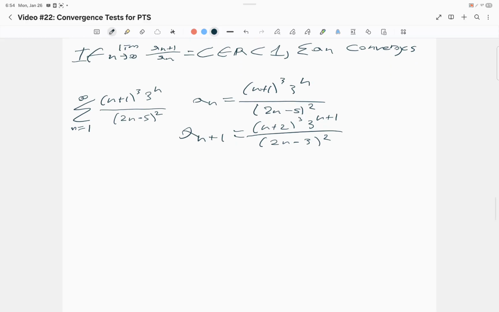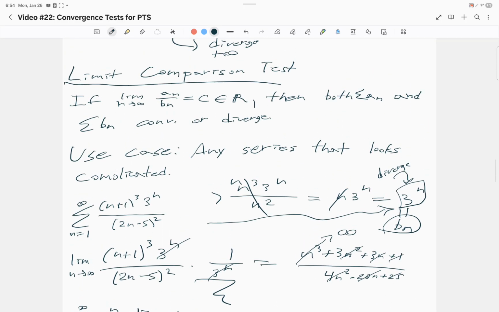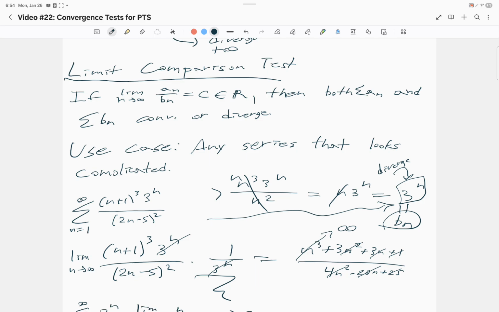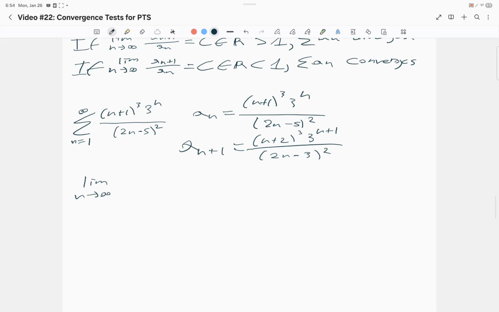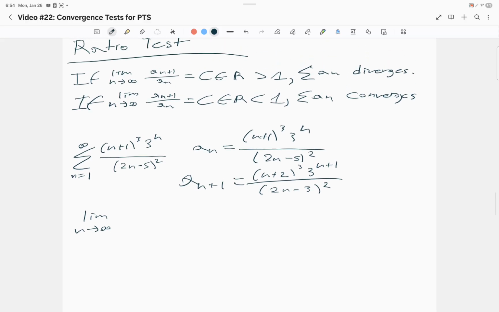All right, so if we divide these two and take the limit as n approaches infinity, it's kind of easy to get the ratio test and the limit comparison test screwed up. But with the limit comparison test, the difference is we're actually comparing two different series, one that we build ourselves, the b of n, and the a of n that we start with. So this one, we don't have to do any of that. It's just finding a of n plus 1, which is just plugging in n plus 1 there. So that's what we're doing there.